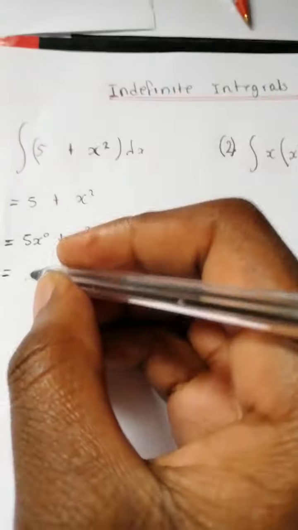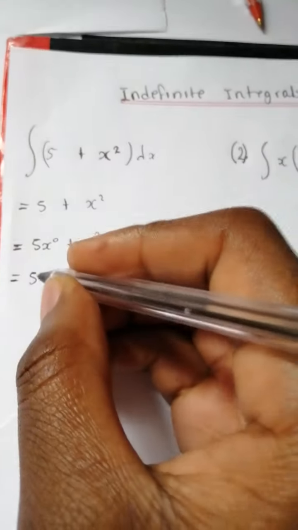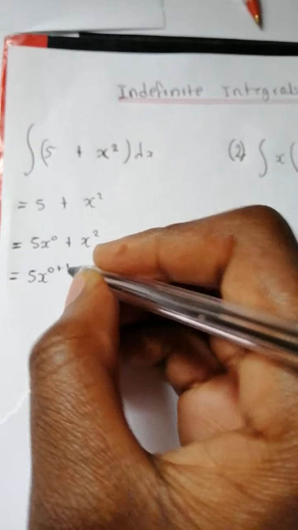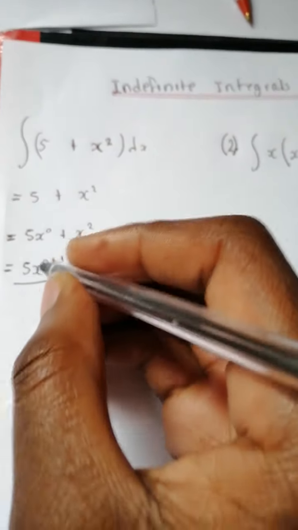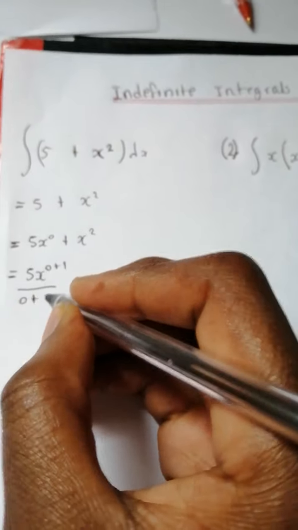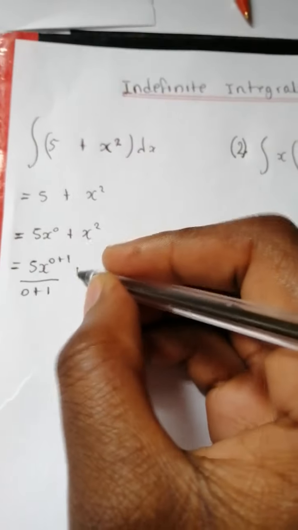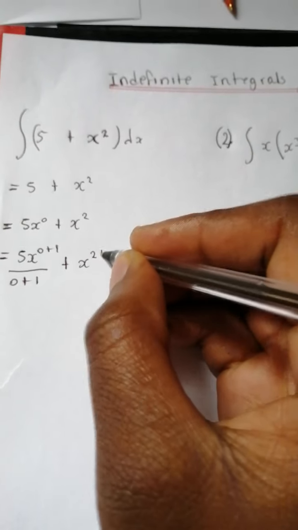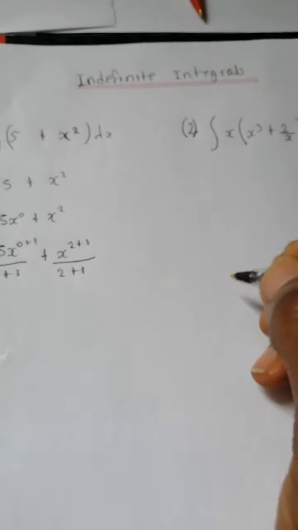So it will be 5x raised to the power 0 plus 1 over 0 plus 1. You do the same on the bottom. So it will be plus x to the power 2 plus 1 over 2 plus 1.